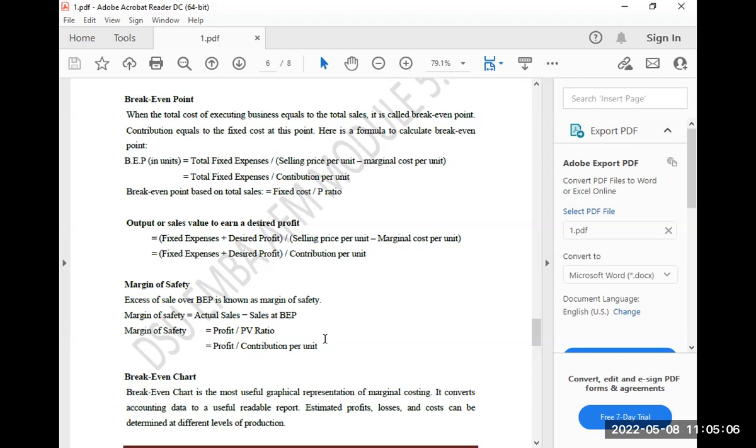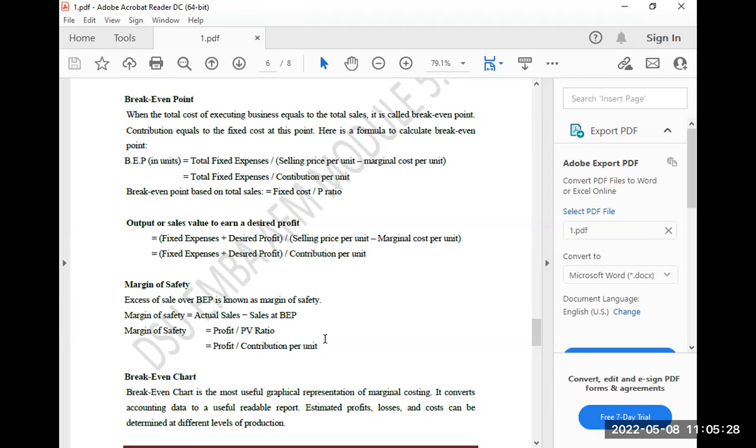That's why we write this formula: actual sales minus break-even sales. Another formula to calculate margin of safety is profit divided by PV ratio.